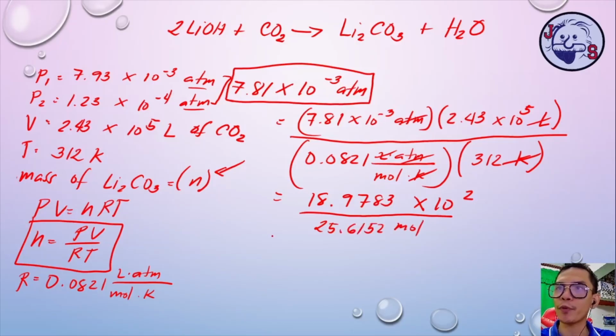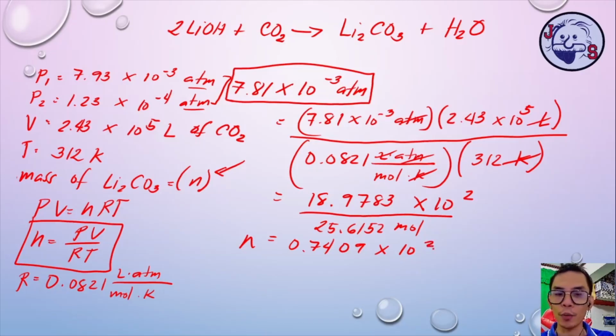Let's compute for the N. The N will be 18.9783 over 25.6152. So the answer is 0.7409 times 10 to the 2.